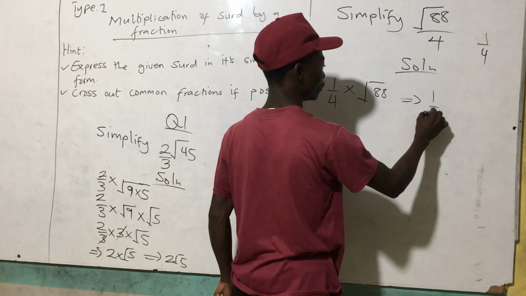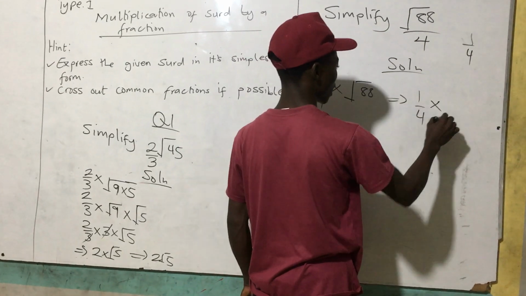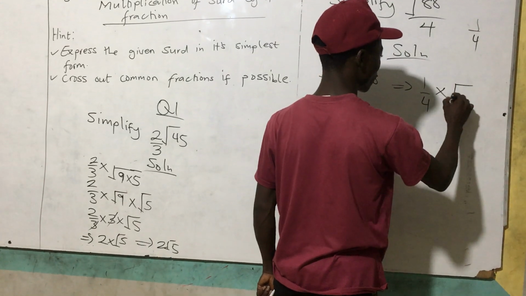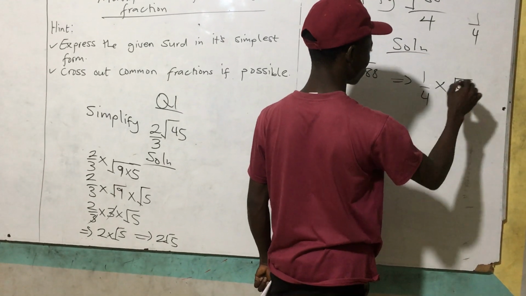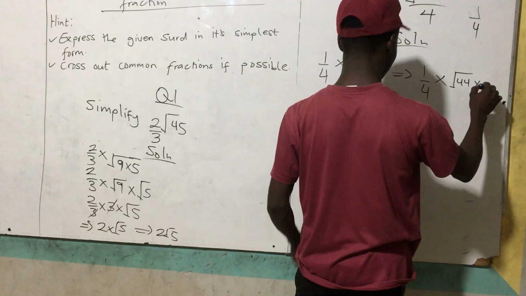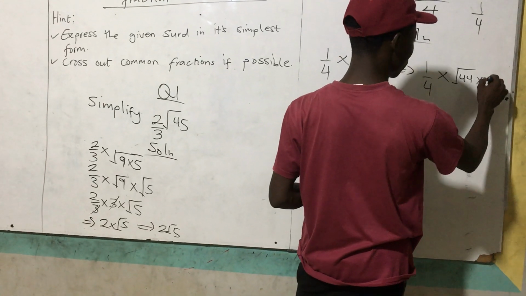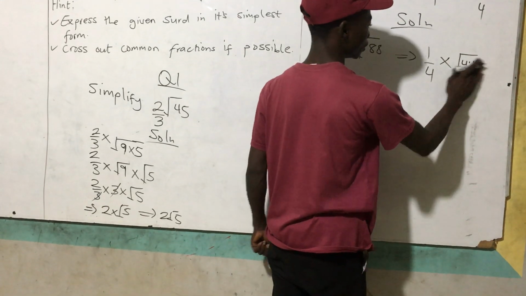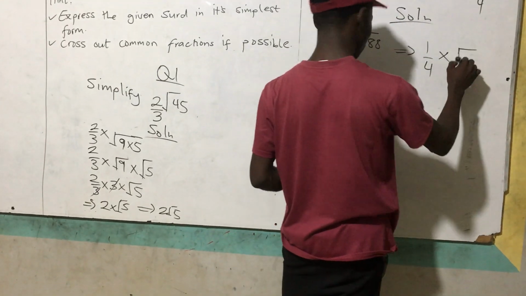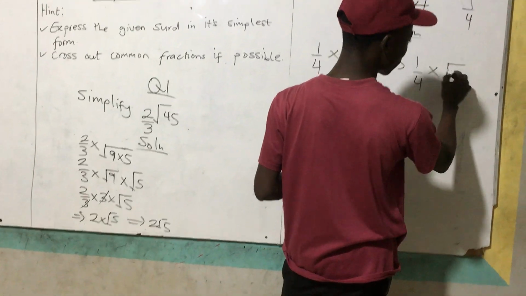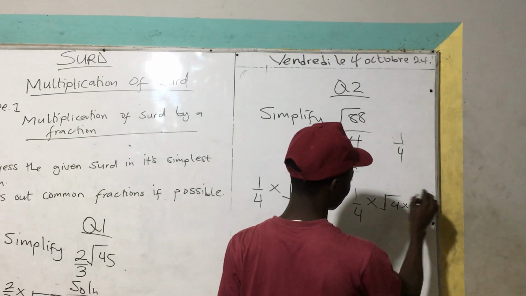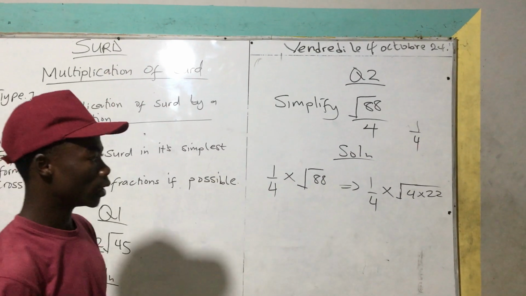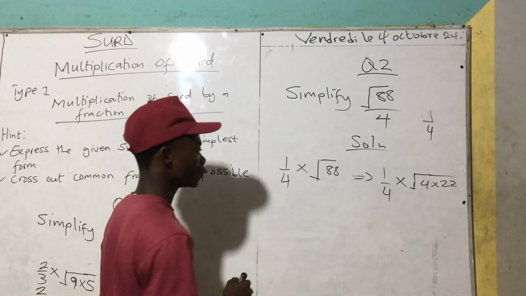We have our 1 over 4 times, we are breaking a square root here. Alright, so we have 44 times 2. To make it more simple, okay, let's do it this way. We have 4 times 22. Alright, so 4 times 22, that is a perfect square times 22, that is 4.